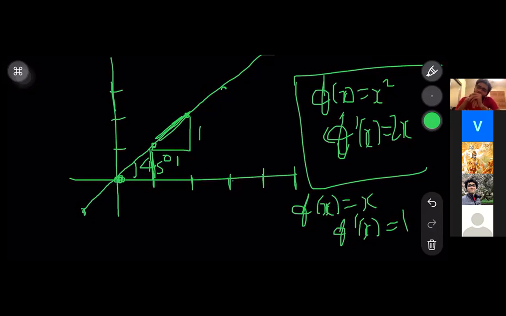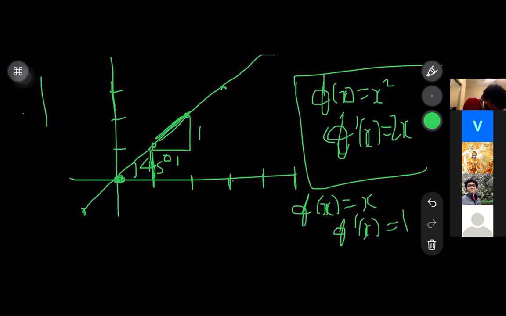So that tells me that in the first function, the complicated function that we did, the slope depends on x. It will not stay the same for the whole function. It depends what x is, and then based on that, you'll get the slope at that point. So if x was 2, the slope would be 4 at that point. If x was 10, the slope would be 20 at that point. The slope changes based on x.